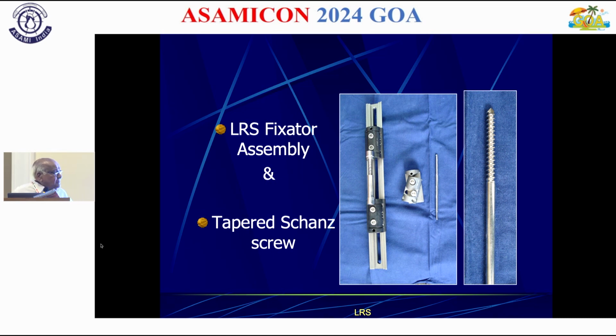This is an oblique one. If your pin is a little oblique, you can use this, where you can have an oblique fixator. And this is a screw which has a tapered end. Now this is less, and this is 5.5 and this is 6.5.